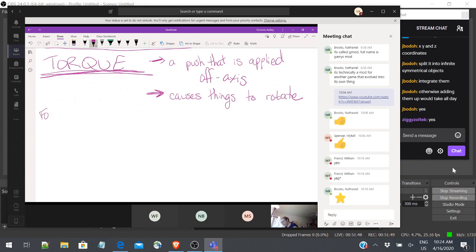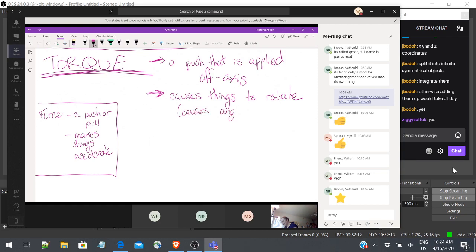Force is just generally a push or a pull. It doesn't have to be off axis, and it makes things accelerate. A torque causes an angular acceleration.